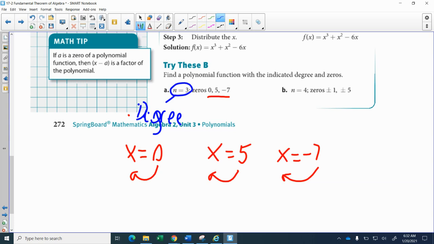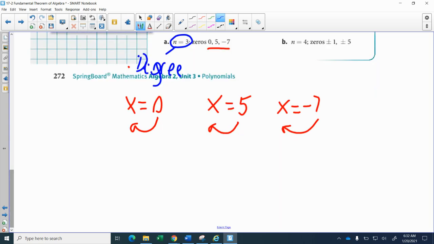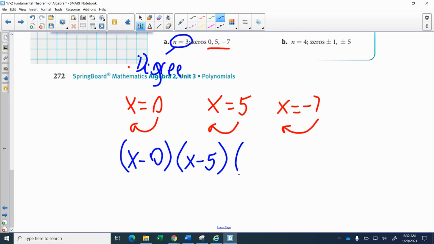I would do this by respectively doing addition or subtraction based off what the number is. I would subtract 0 to get x minus 0. That would be one factored form. I would subtract the 5 to get x minus 5 as my other factored form. And I would add the 7 to get x plus 7 as my last factored form.